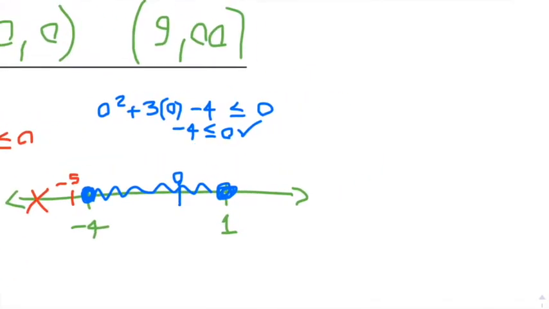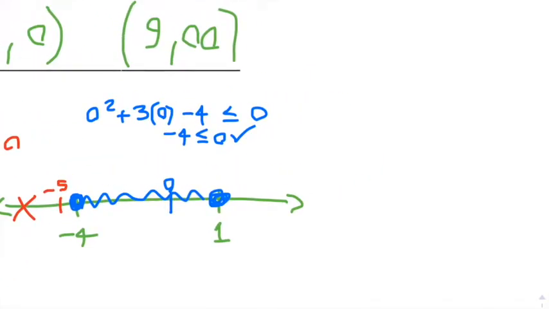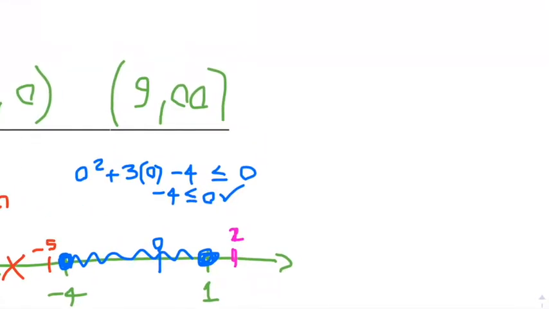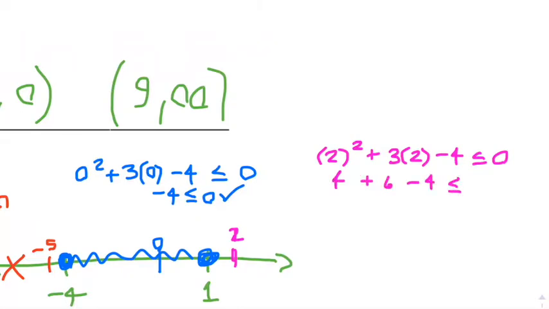Alright, and then after that, now we need to go and test this far right region right here. So choose a number bigger than 1 here. So I guess we'll do 2. And we'll go and plug that in. So 2 squared plus 3 times 2 and then -4, is that less than or equal to 0? I guess that'll be 4 plus 6 minus 4.